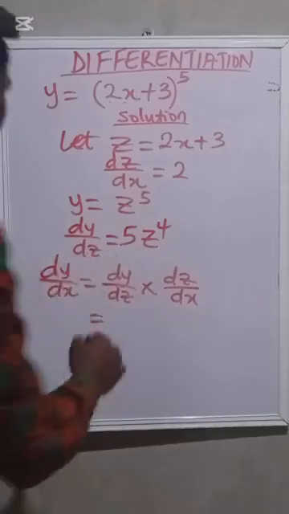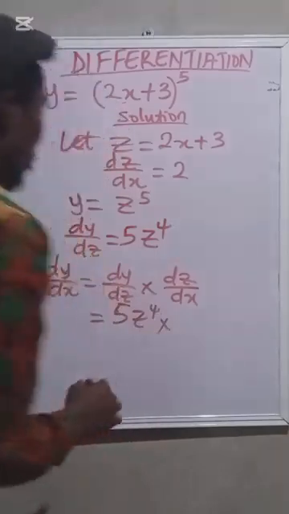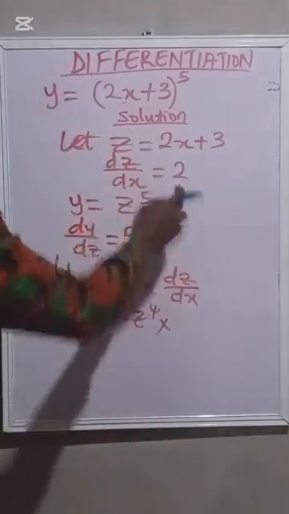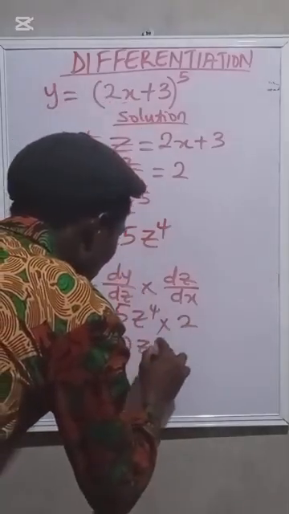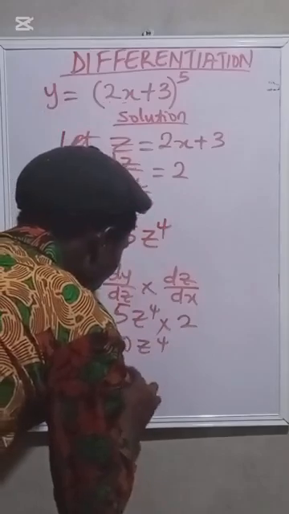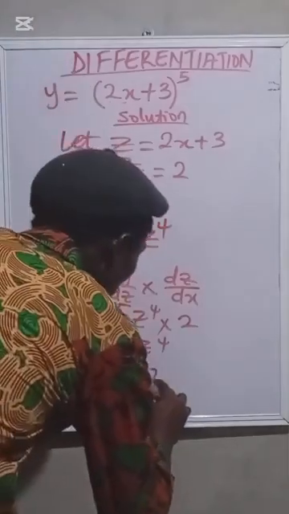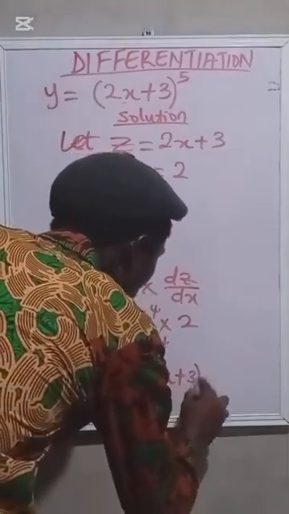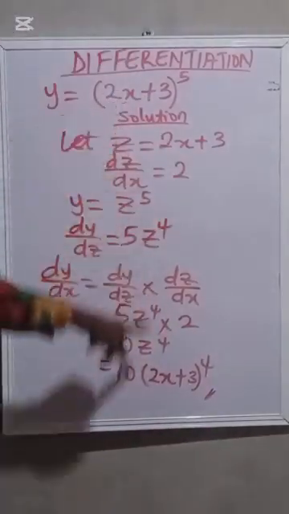Then your dy/dx is 5z to the power 4 times dz/dx, which is 2. That's going to give you 10z to the power 4. And what's your z? z is 2x plus 3. That's going to give you 10(2x plus 3) to the power of 4. So therefore, the differentiation of this is equal to this.